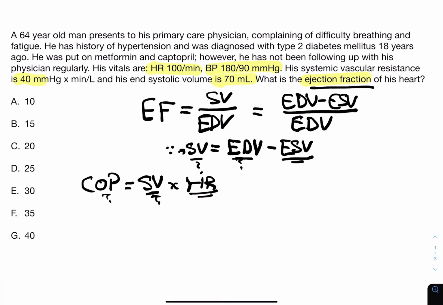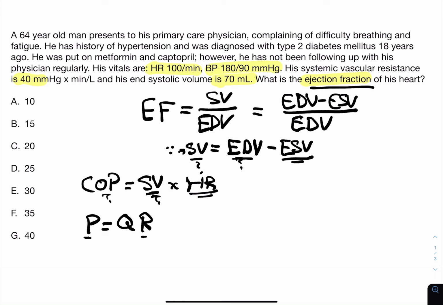Okay, so we could try and figure out another formula that would give us the cardiac output. We're given the heart rate, blood pressure, SVR. So we could write down P equals QR. This is mean arterial pressure equals flow, or cardiac output, multiplied by the resistance. So we have the blood pressure and we have the systemic vascular resistance.